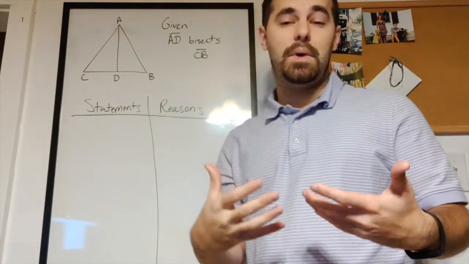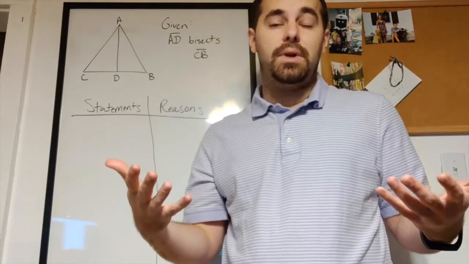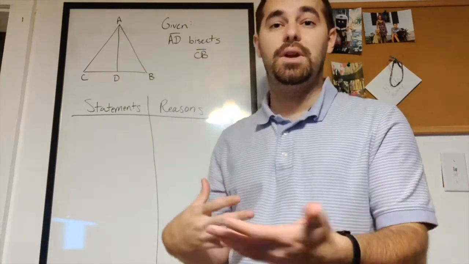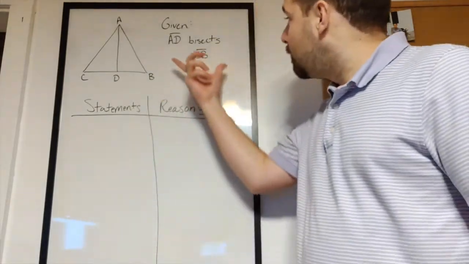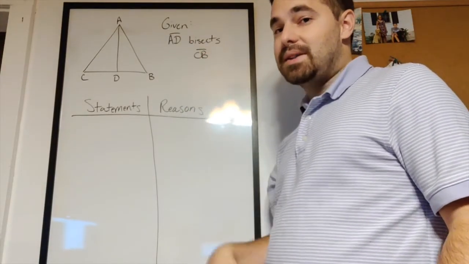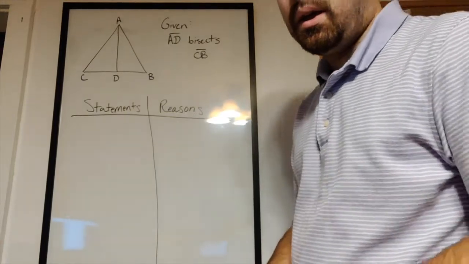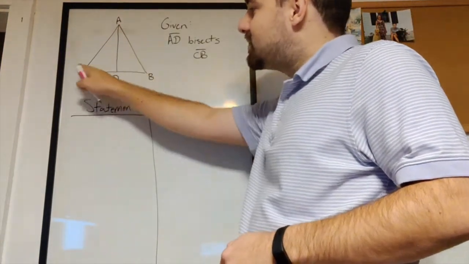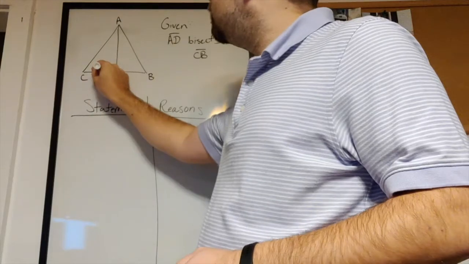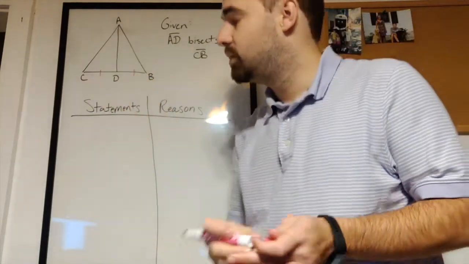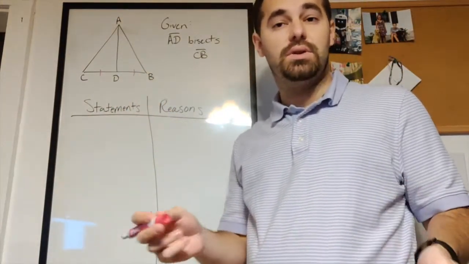This is some given information to you that helps you answer the question. It's just like some given information in a logic puzzle. So we've got AD is bisecting CB. What this tells us is that when we mark our diagram, AD is cutting CB into two congruent halves. So CD has to be congruent to DB.